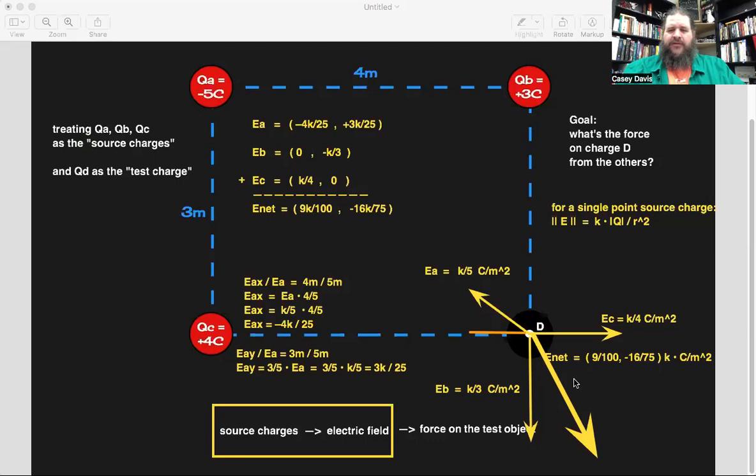So there's the total electric field. And what could we now do with that? We've got the components. What might be a more useful way to write that, though?